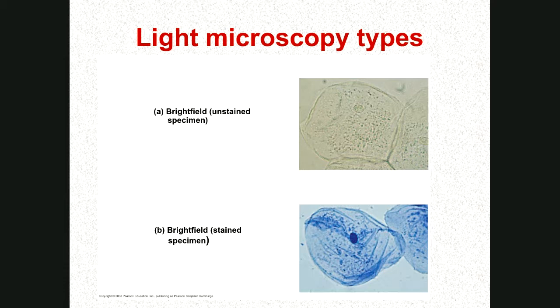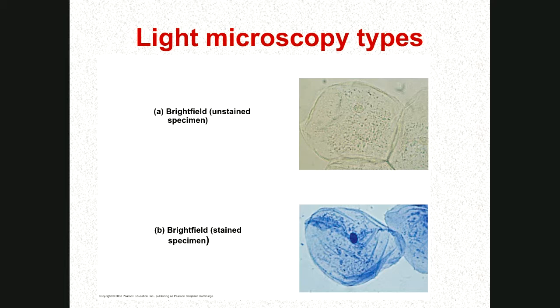Okay. The other type of microscopy is electron microscopy. Electron microscopy uses a beam of electrons that will provide an image that looks like a 3D image.